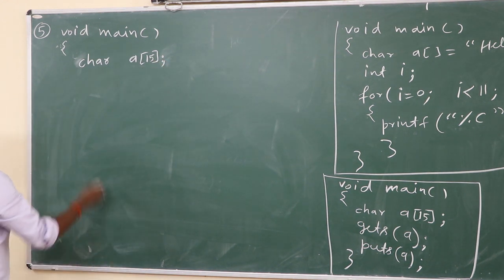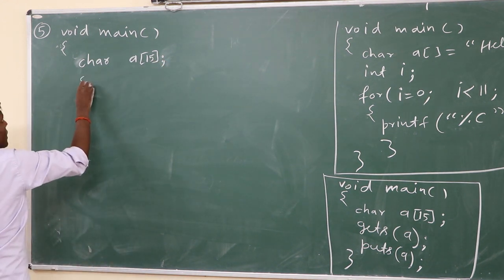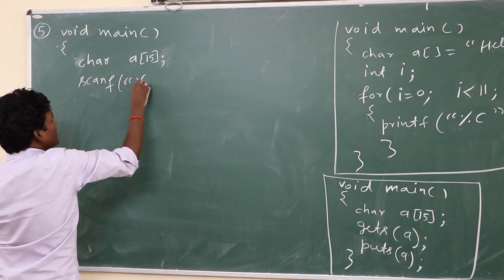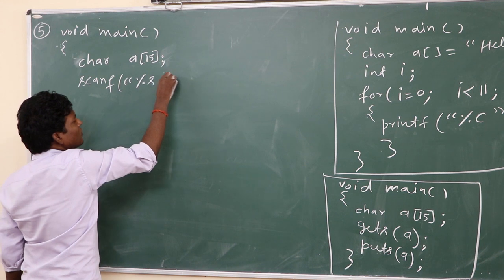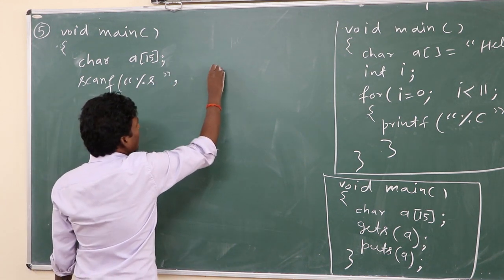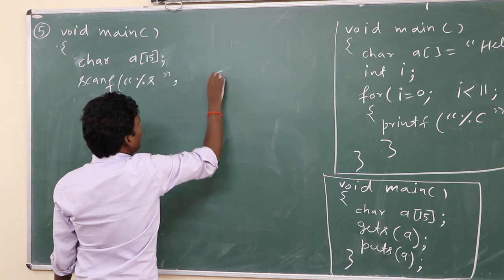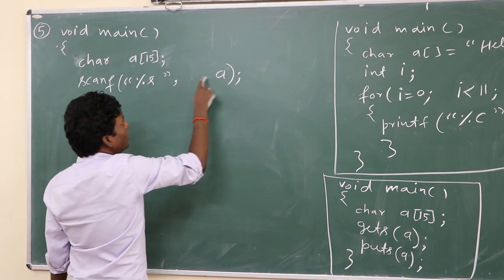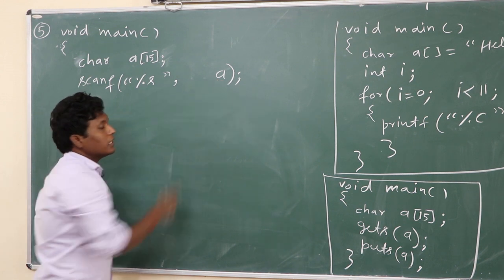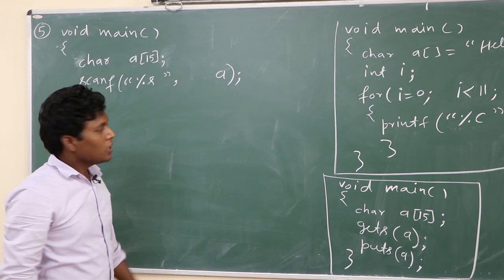Here string a is declared, not initialized. scanf("%s", a), and not &a. a is a string name, and the string name supplies the base address, so there is no need of &.